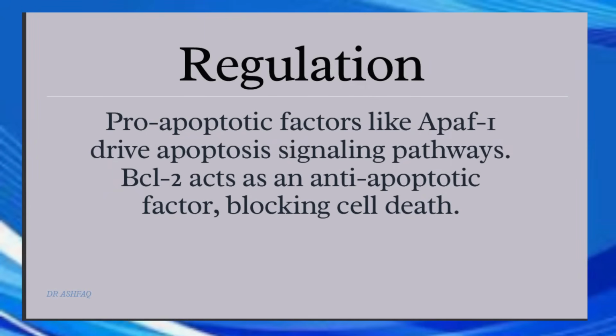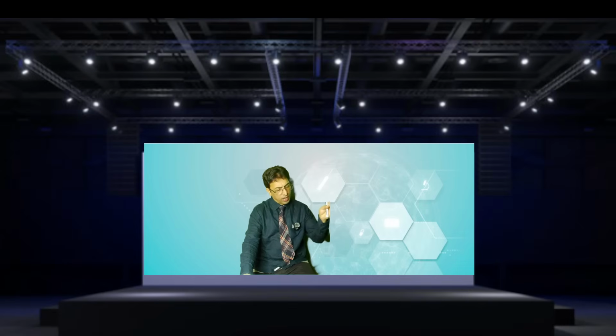Now, as far as regulation is concerned, you are well aware that there are factors which are pro-apoptotic and factors which are anti-apoptotic. Among the pro-apoptotic factors, you are well aware of APAF1, which drives apoptosis, and BCL2, which is anti-apoptotic. Then you have the P53 gene, which is the guardian of the genome and is present on chromosome 17.